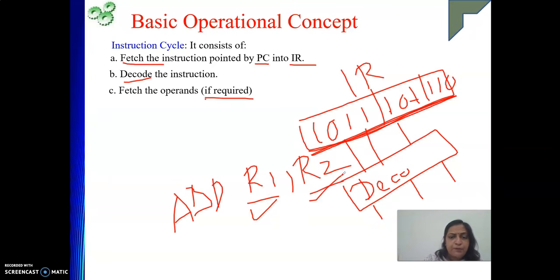They are inside the CPU, so we need not go to memory. But if it is A, R1 or R2, then to get the content from memory location A, we need to go to memory. That is called fetching the operand. Maybe one operand, maybe two operands. Because of that, it is required only if required.